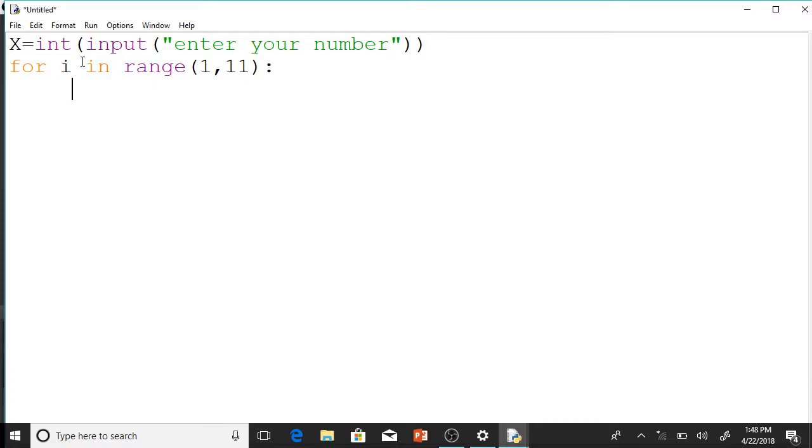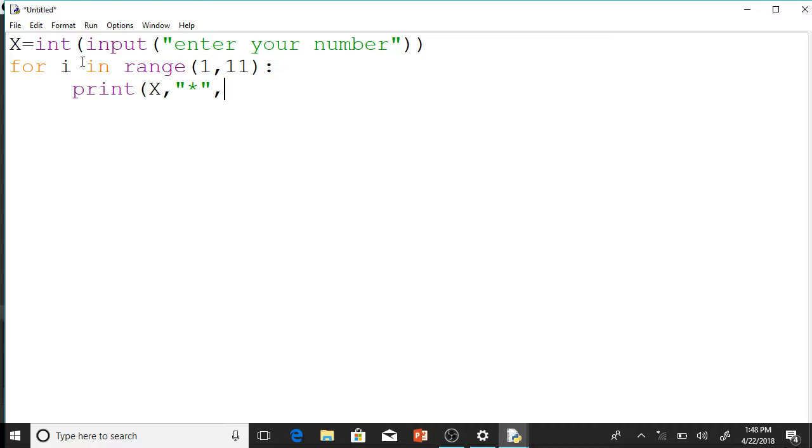Now print, use the print function, x comma, in inverted commas multiply. It's a very easy program.